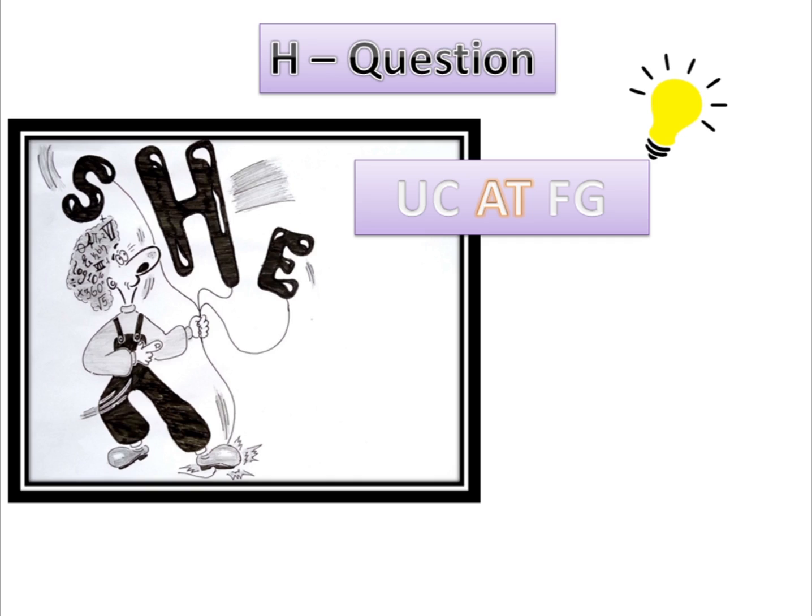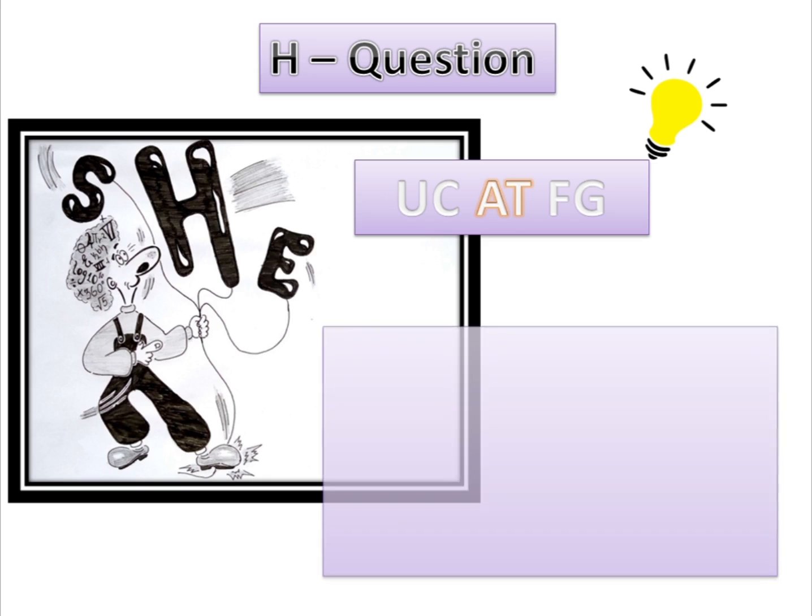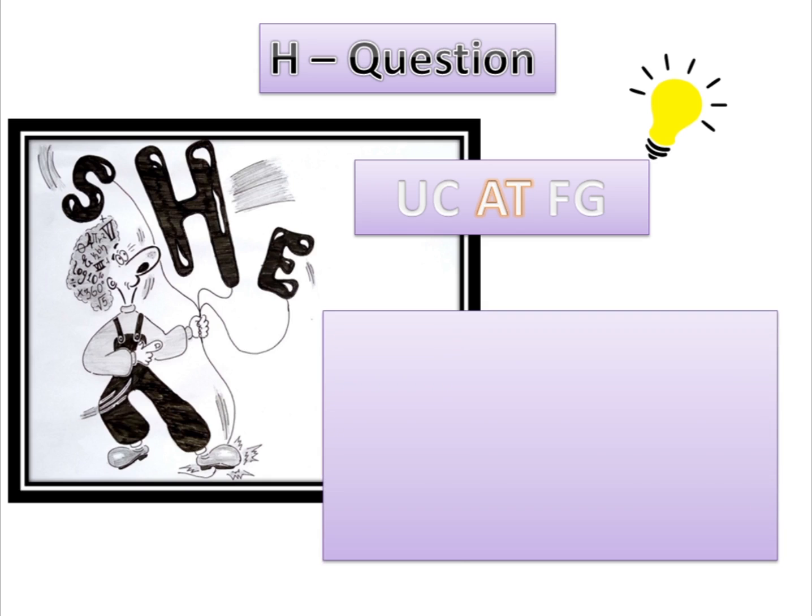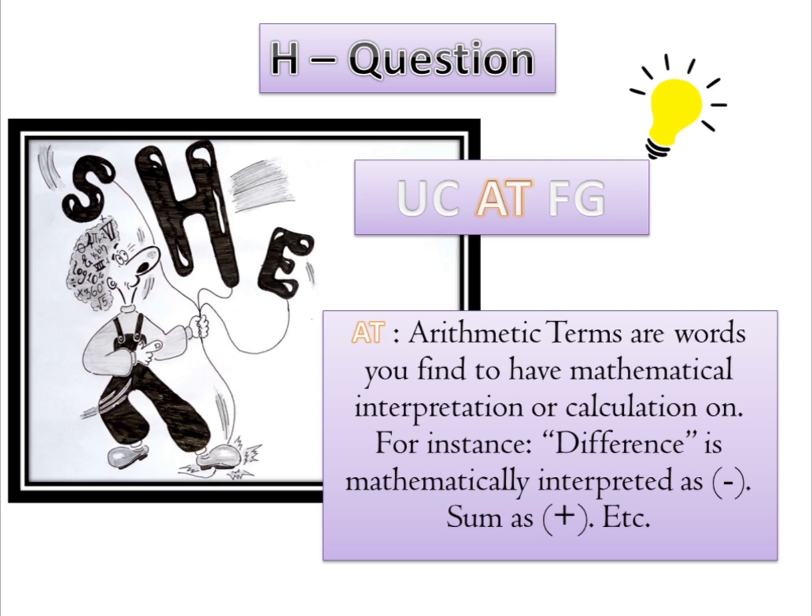For the purpose of this video, I will be emphasizing on AT, right? And so what's AT? AT stands for arithmetic terms. So AT means arithmetic terms are words you find to have mathematical interpretation or calculation on.